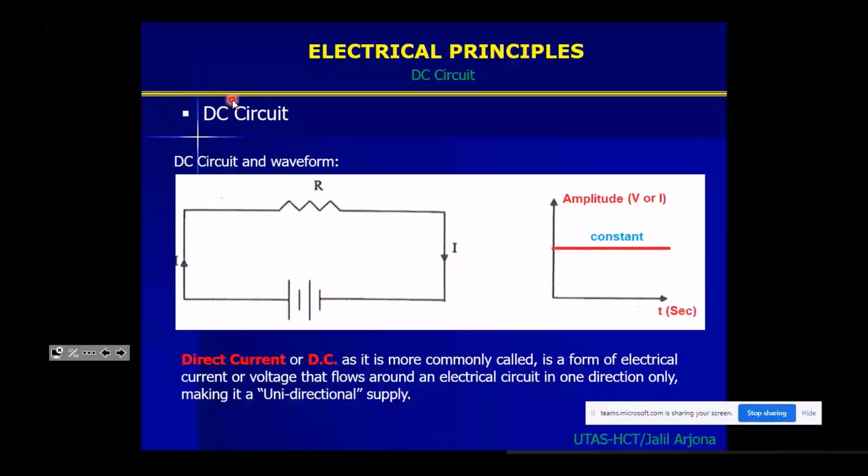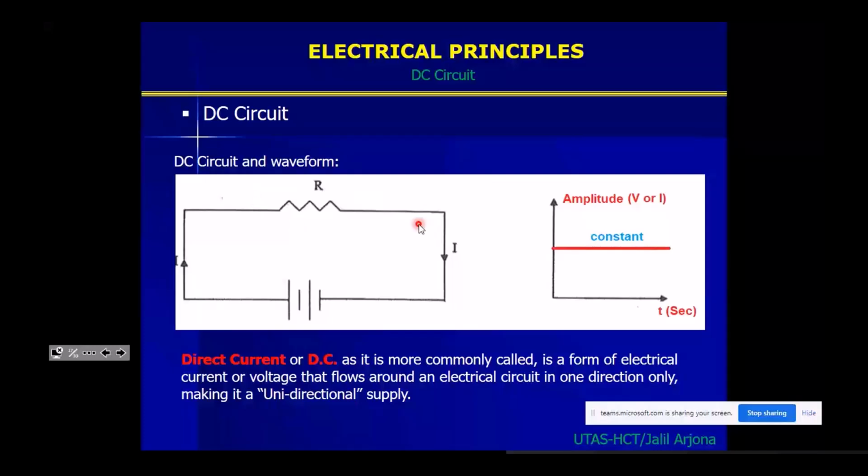Asking anybody about the basic idea when you hear the word DC. Constant current. Okay, DC is about a constant value.